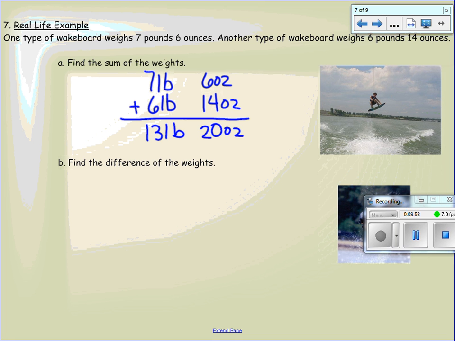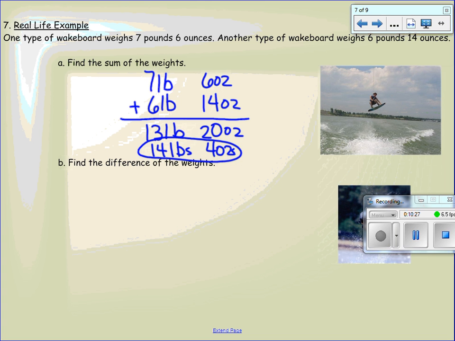But that is not going to be our final answer because there are 16 ounces in a pound. So I have another pound in this 20 ounces. I'm going to take another pound and add it to my pounds, which will make it 14 pounds. After I took the 16 ounces away, I had 4 left over. So my final answer is going to be 14 pounds and 4 ounces.